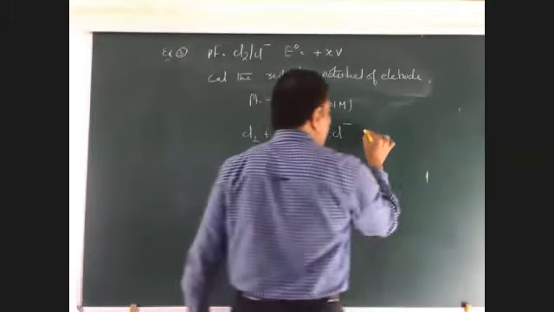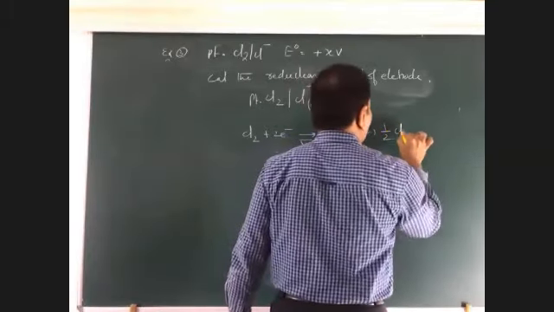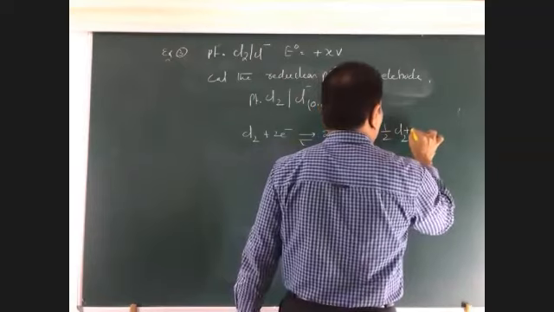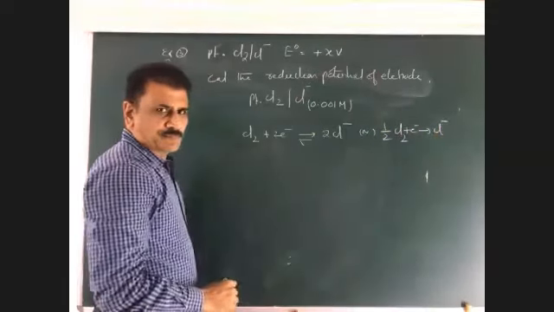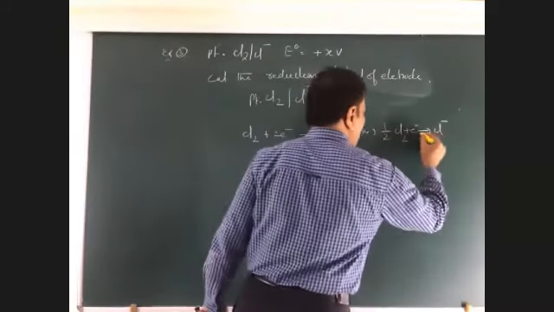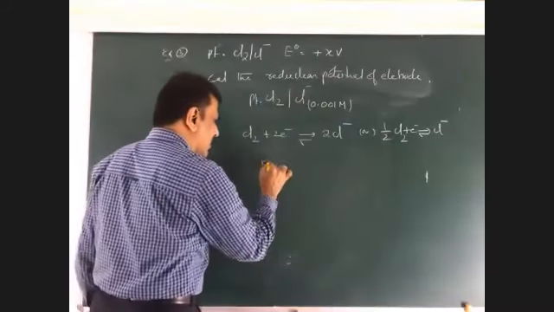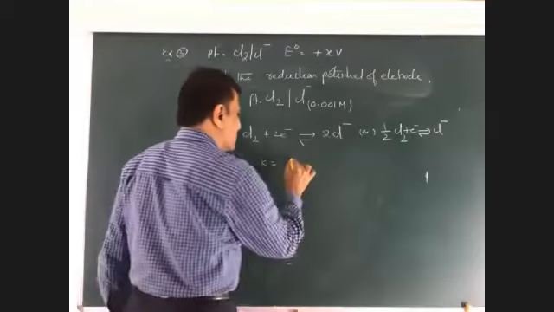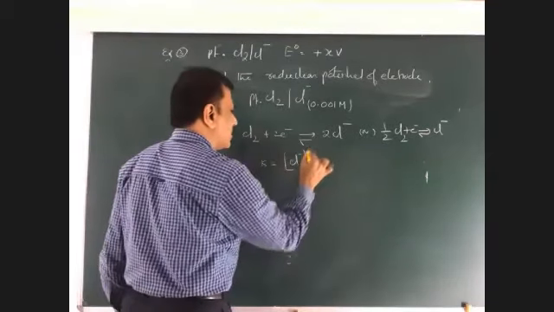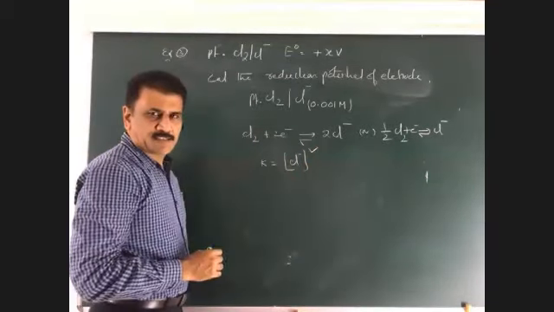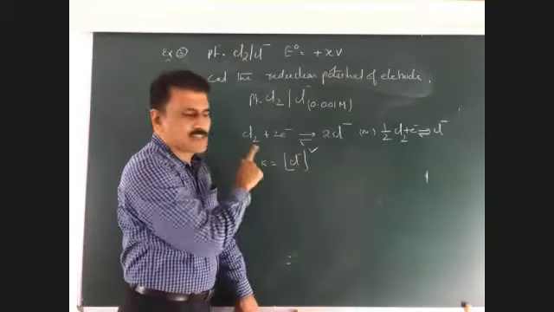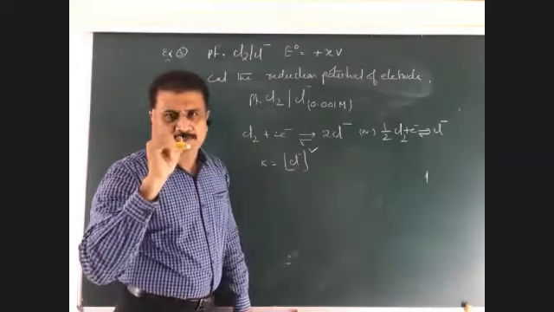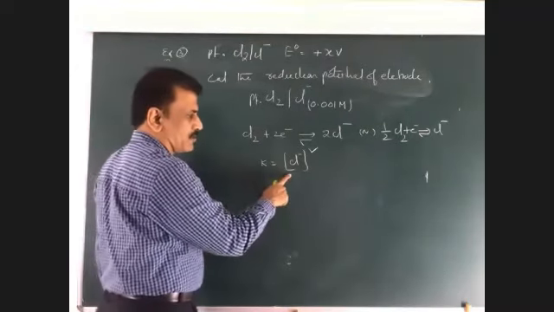Or you may write half Cl2 plus electron to form Cl minus. Both are right. Here also reversible. Now, K is equal to Cl minus ion whole square concentration. The Cl2 is an element, so we have to take just the concentration as 1. So this is the concentration of chloride ion.